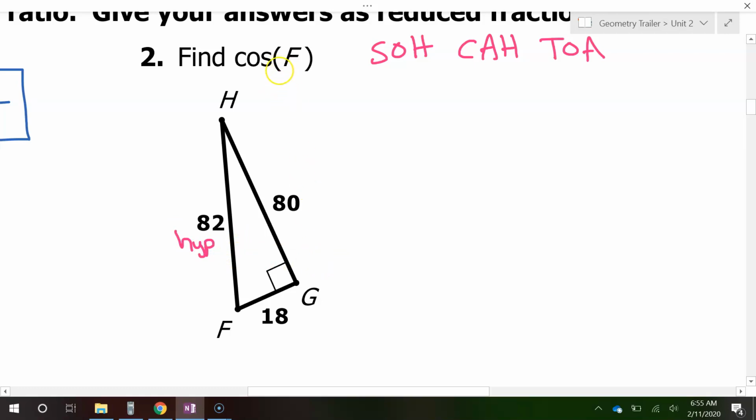Now, this time we're dealing with angle F. So let's circle angle F and draw an arrow going away from it, and that will be pointing at the opposite side. That means the 18 is the adjacent side. Now, we're supposed to be finding cosine, so let's write cosine of F equals, but cosine is adjacent over hypotenuse, so that will be 18 over 82.